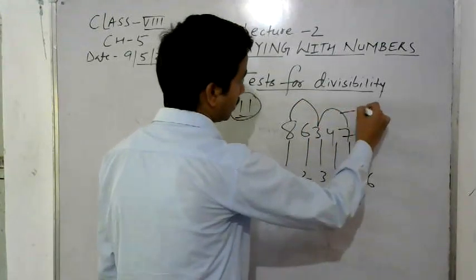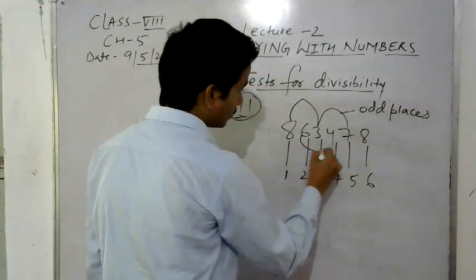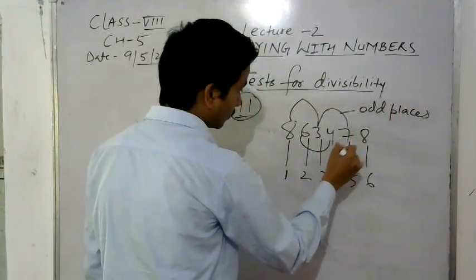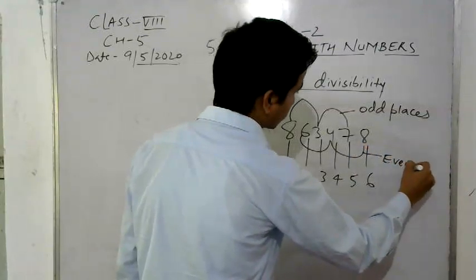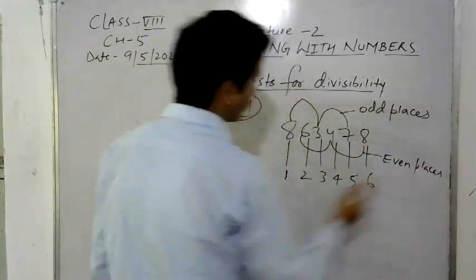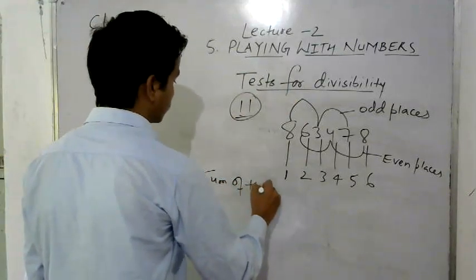These are the digits at odd places, and these are the digits at even places, at second, fourth and sixth.